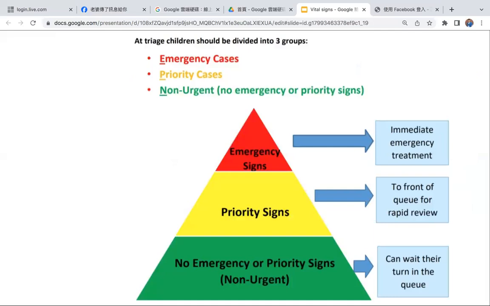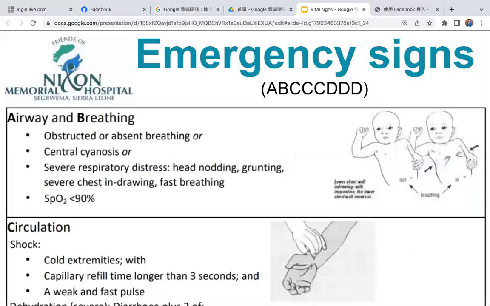We often say there's an emergency case when a new patient comes, but it's important to evaluate whether the patient is having any emergency signs. The order of emergency signs is A, B, C, C, C, D, D, D. A stands for airway, whether the airway is obstructed or there is absent breathing.